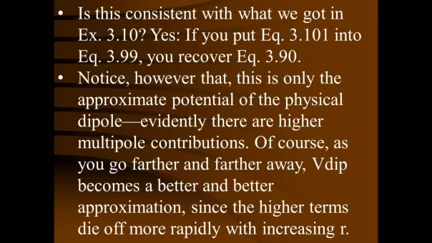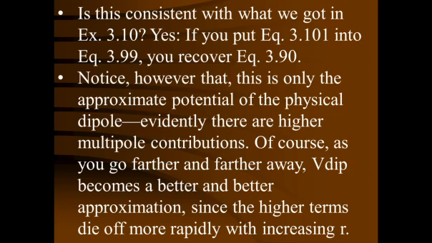But if we consider that r is very large compared to the distance d between the two charges, then in that case the higher multipoles, that means quadrupole, octupole, which contribute potential proportional to 1 upon r cube, 1 upon r raised to 4, 1 upon r raised to 5, are dying off more rapidly, and that contribution tends to 0, and the approximate potential becomes more exact potential because the dipole term is going to be more and more dominant.